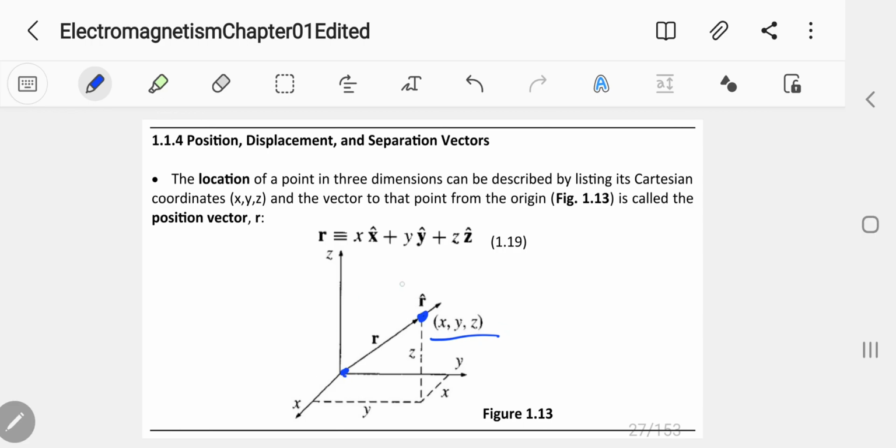You have x, y, z. So your r would be x x hat, y y hat, z z hat. And how do you get the magnitude of r? r is just the magnitude of this one. This is just the square root of x squared plus y squared plus z squared.